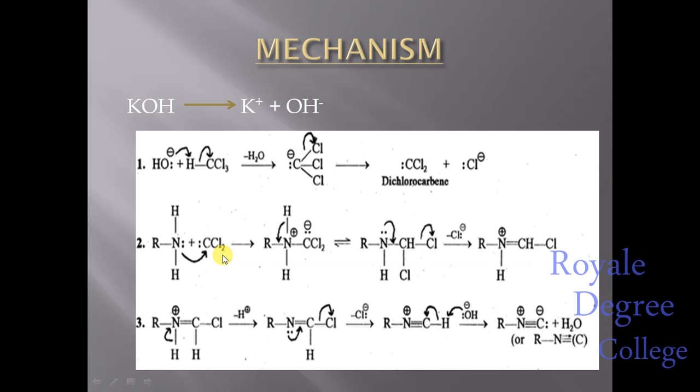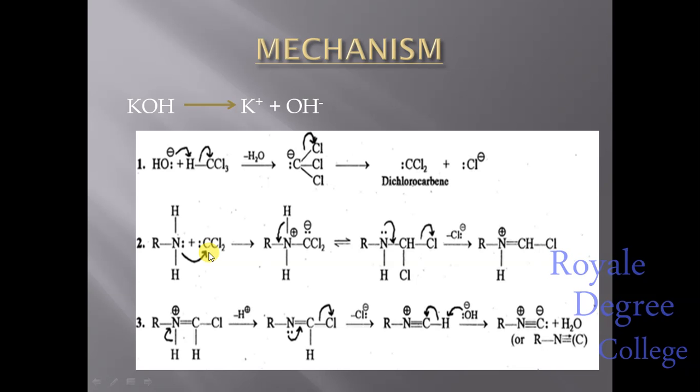This dichlorocarbene we are adding to the primary amine, that is RNH2. In the expanded form we have written the structure of the primary amine, R single bond N, single bond H, single bond H, and on nitrogen, a lone pair of electrons. Then this lone pair of electrons present on the nitrogen atom forms a bond with the dichlorocarbene.